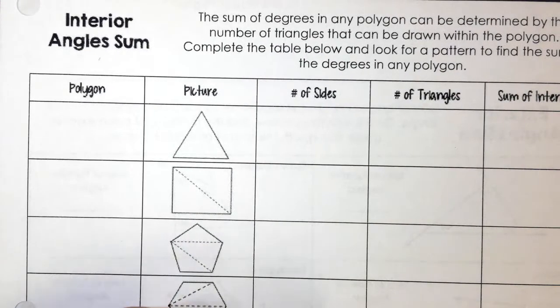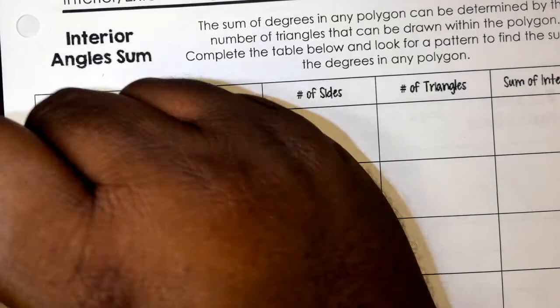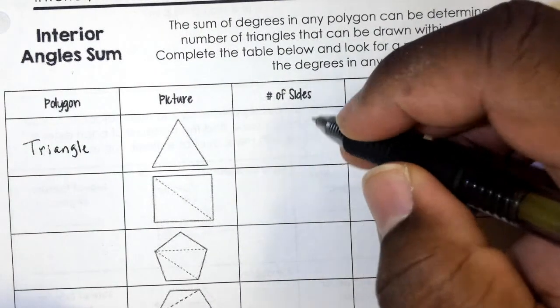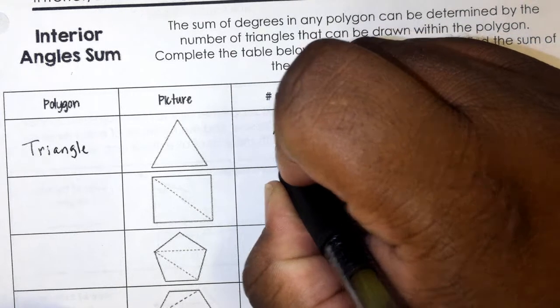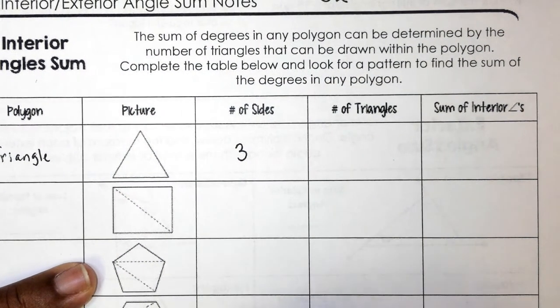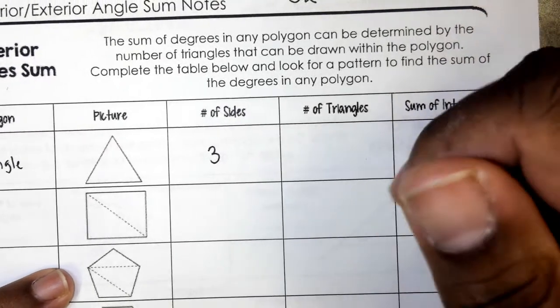Alright. So the first one, y'all should all know, is the easy one. Triangle. You'll probably fill this out without me. It says number of sides. Y'all should know, it has 3. The number of triangles you can draw inside of a triangle from that one vertex is going to be 1.